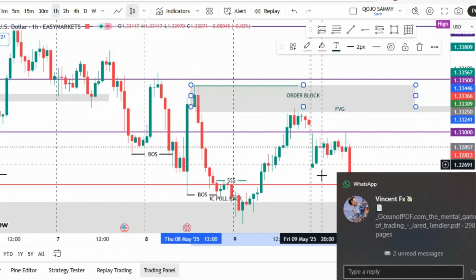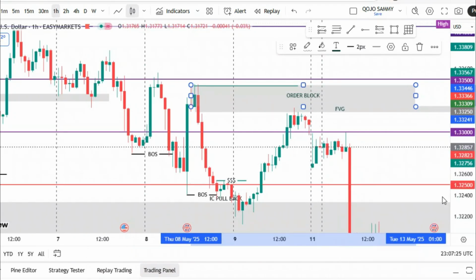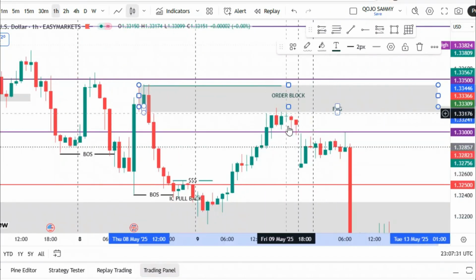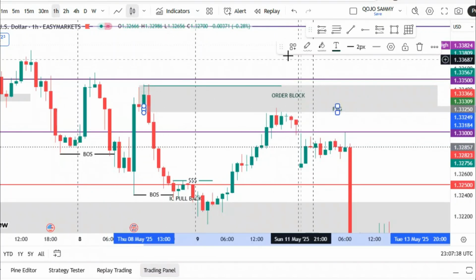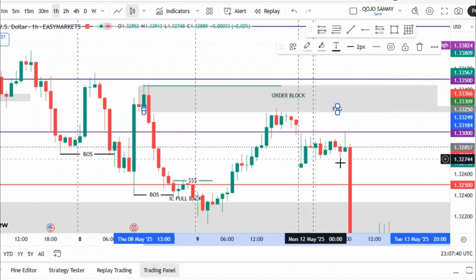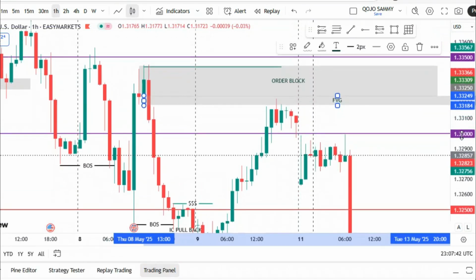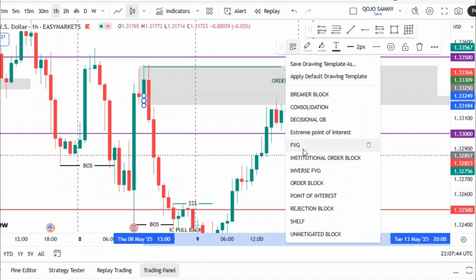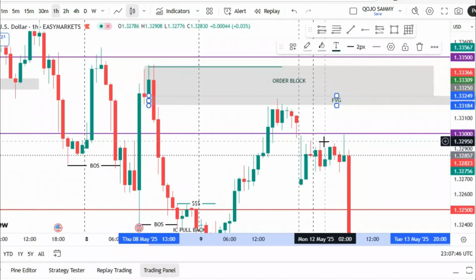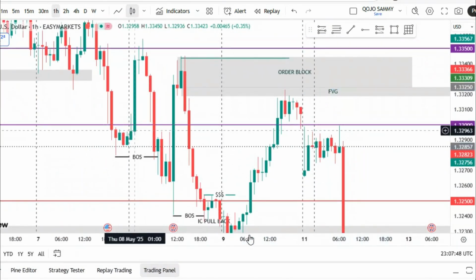So Friday night the market will stop, and then price will open again on the Monday. So already I know price had hit our order block or our fair value gap, and so I would want to look for sales. I would want to look for opportunities. Then I sell.